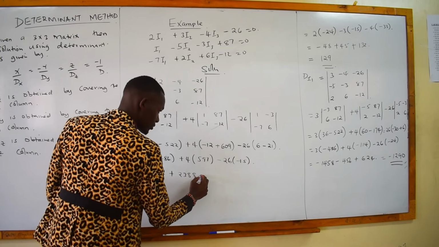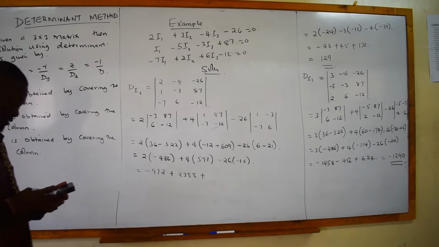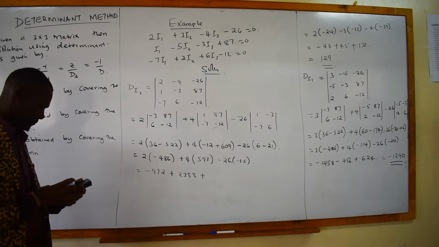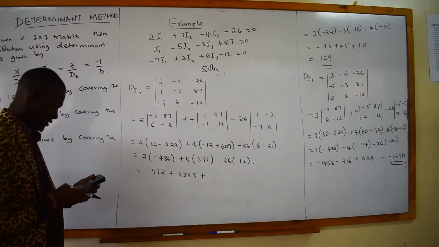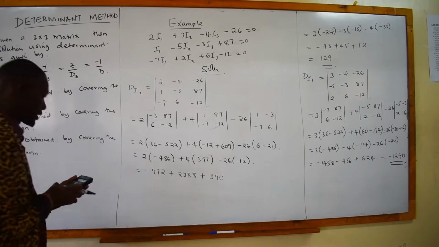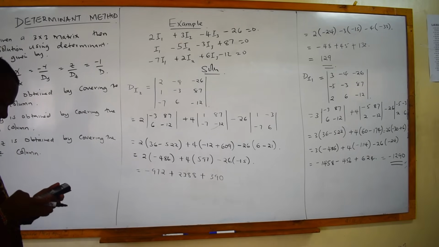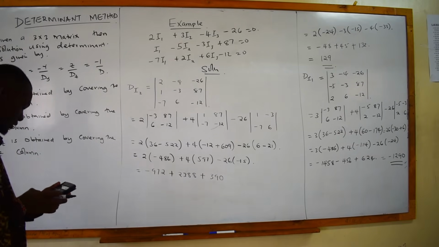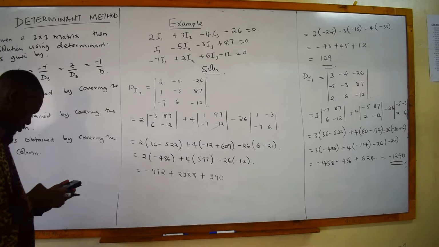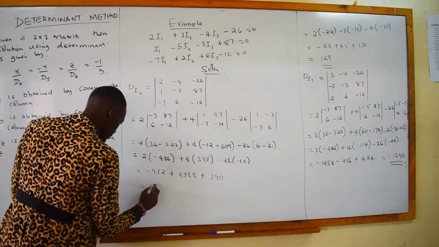Then this one also will be a positive number. Then you have 26 times 15, which will give us 390. So now taking 390, you add to 2388, then you subtract 972 to get your answer as 1806.